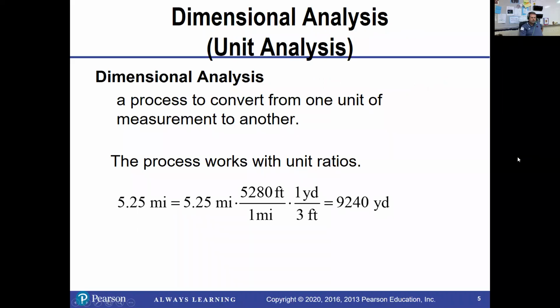So when you take the miles times how many feet in a mile times yards per foot, the miles cancel each other out, the feet cancel out, and you're left with just yards. That's how your analysis going from one unit to another gets you to your yards.